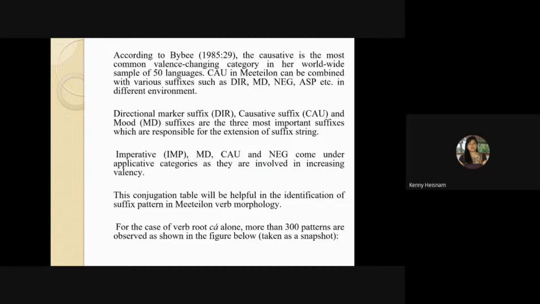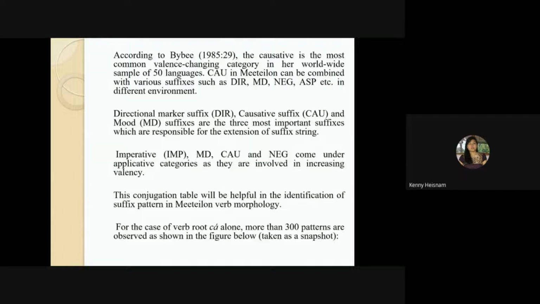Since Manipuri is a highly agglutinating language, a string of suffixes can be concatenated to the verb root. Moreover, imperative, mood, causative, and negative come under applicative categories as they are involved in increasing the valency, or increasing the number of arguments.